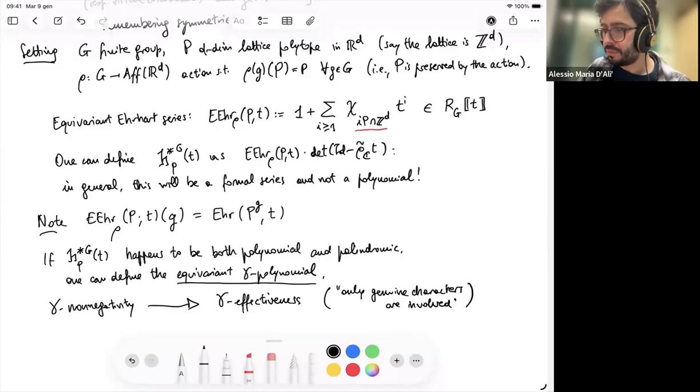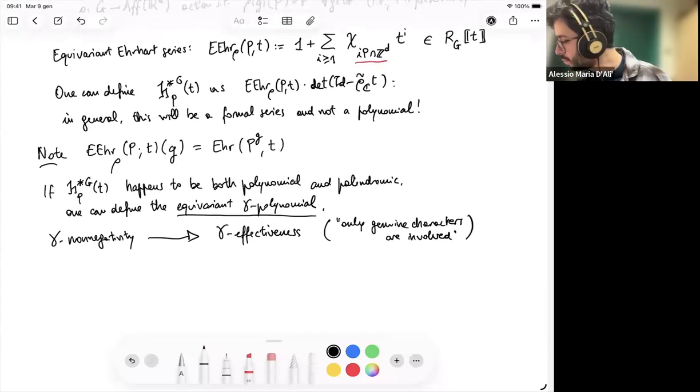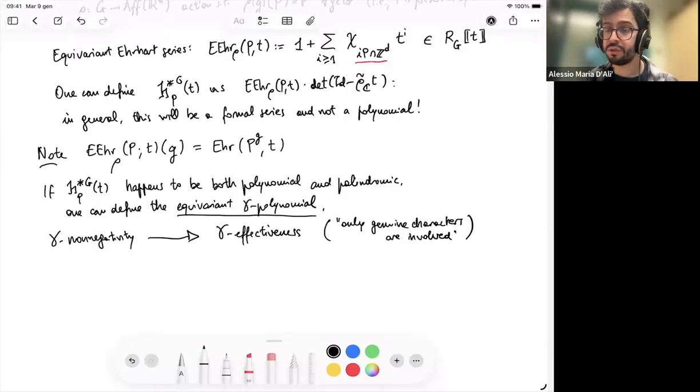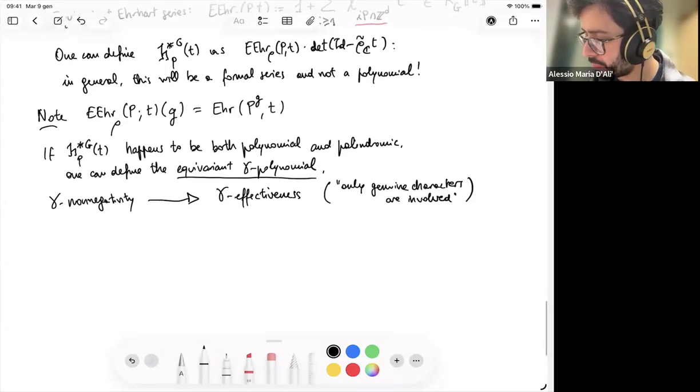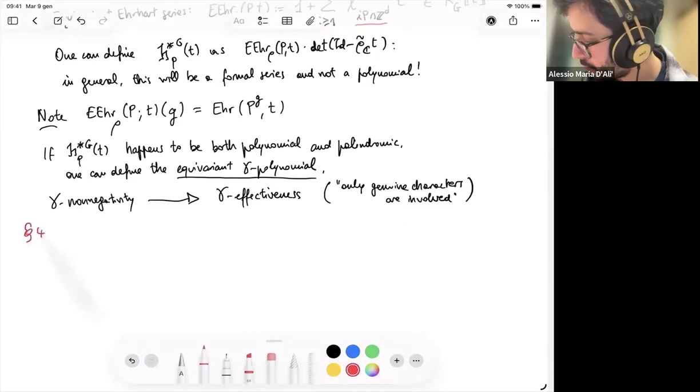Okay, so that's the setting. I know that I'm pretty much out of time, so I'm just going to give you an idea of what we needed to do in order to prove our theorem. So I'm going to state the theorem and just say a few words.